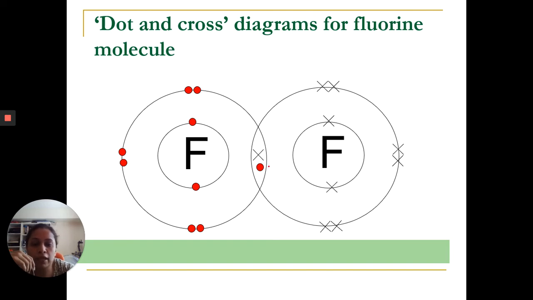When you draw covalent, can you please ensure the dot and cross are inside this overlap, and not on the lines? And you don't need to necessarily draw the inner shells. When we draw covalent compounds, we only draw valence electrons or shells.